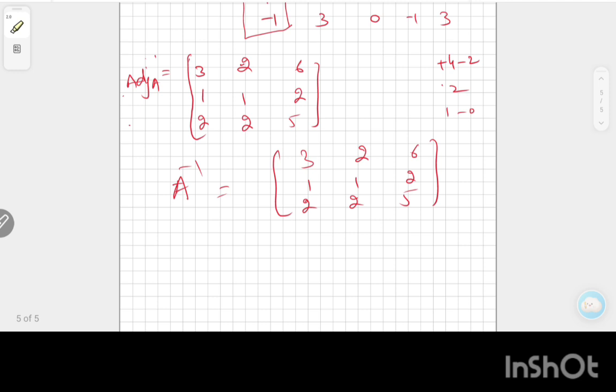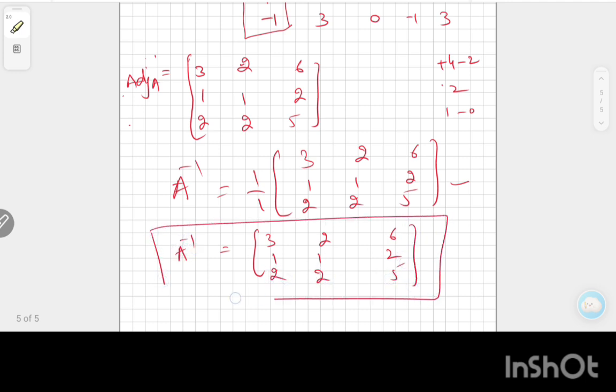The A determinant, we got the answer in our first part, is 1. 1 ones are 1, divided by 1, we get the same answer: 3 2 6, 1 1 2, 2 2 and 5. Hopefully dear friend, you can understand this question.